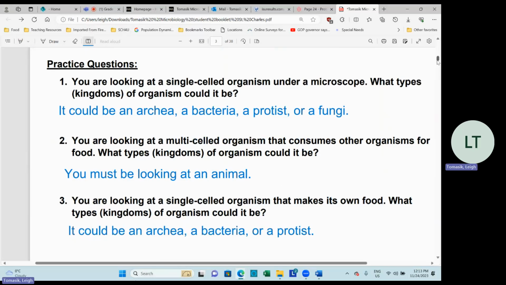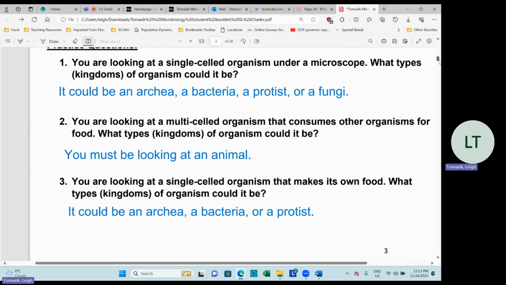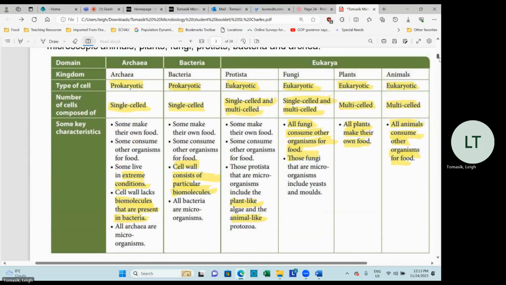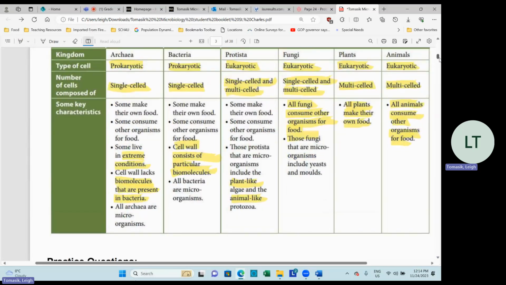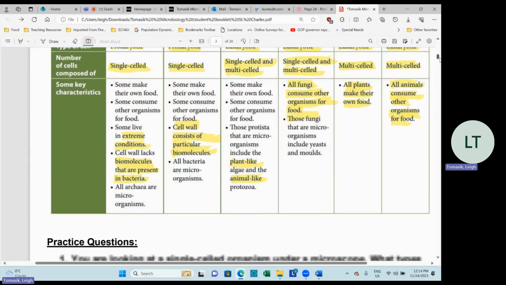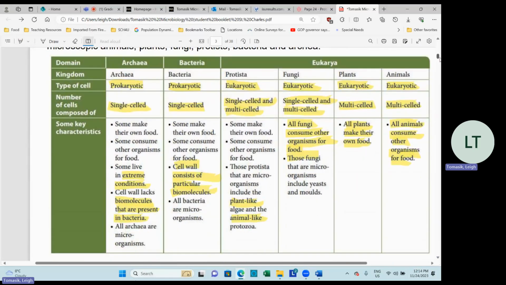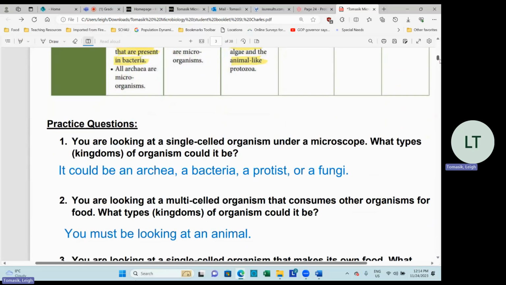Pretty cool, right? So we can use those different characteristics to tell one type of organism from another type of organism, right? But it can be a little tricky, and sometimes we have to do a little bit more research to narrow it down to one type of organism.